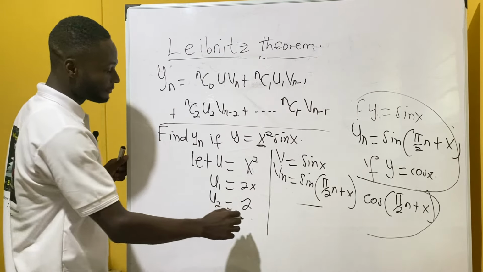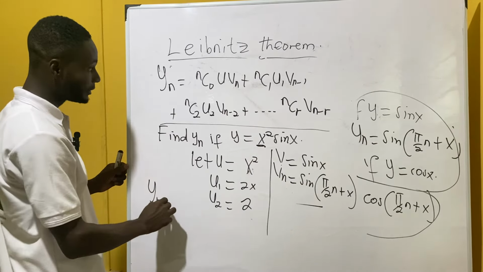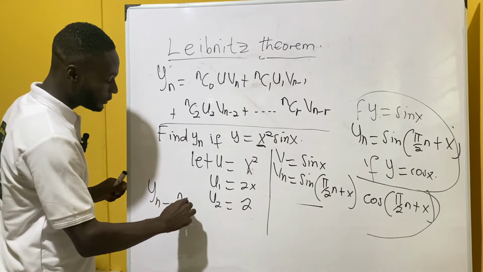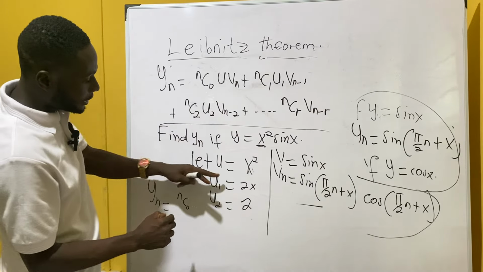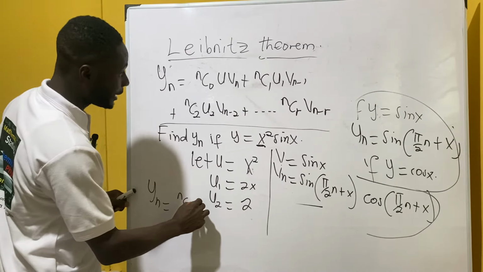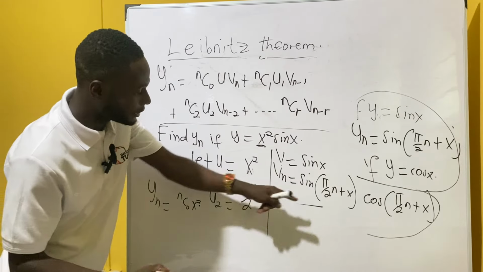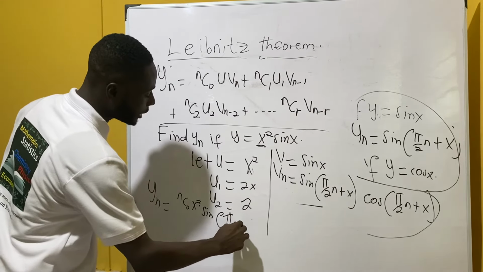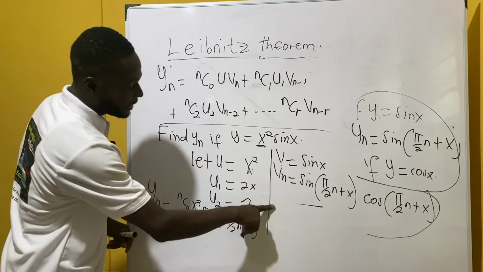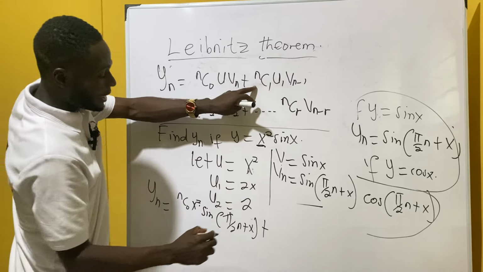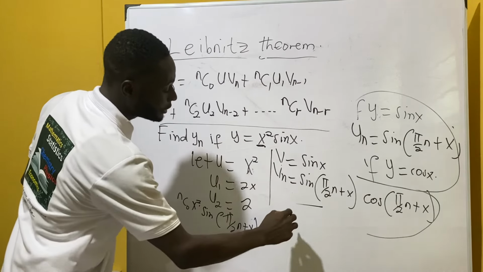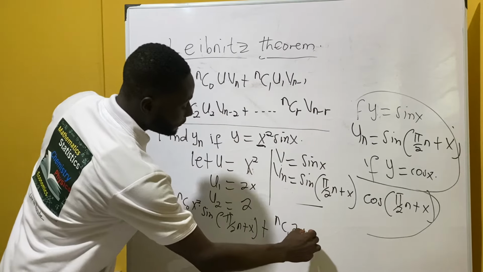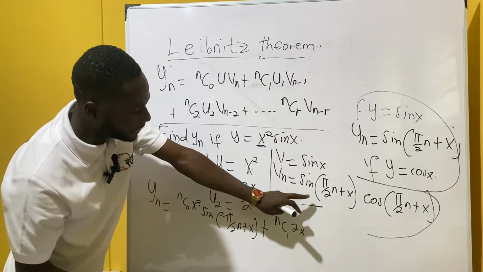So right here we have y_n is equal to n combination 0, u is x squared, and then v_n, sine of pi over 2 n plus x, then plus n combination 1, u_1, which is 2x, times v_(n-1).